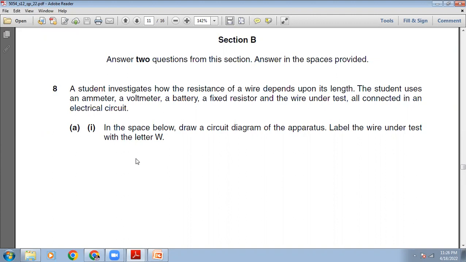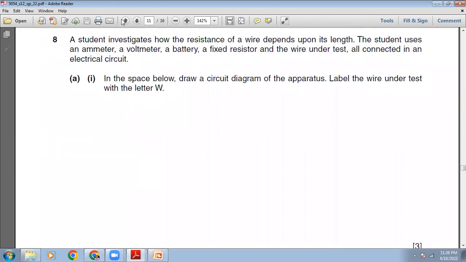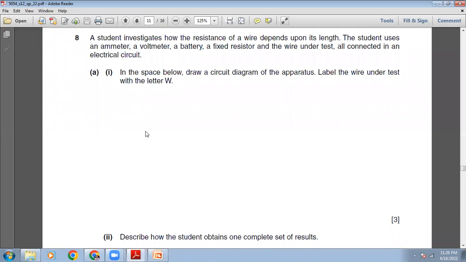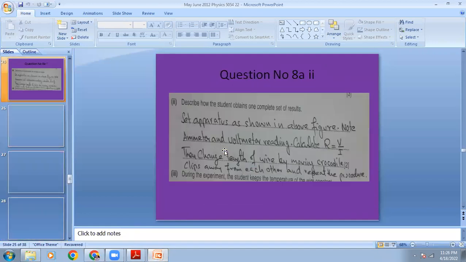In the space below, draw a circuit diagram of the apparatus. Label the wire under test with the letter W. So it's a 3 marks question. Let me reduce the size, so you can see the whole question. So here we go. Question number 8.